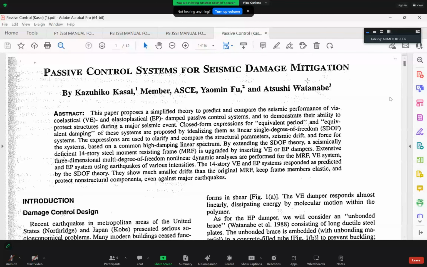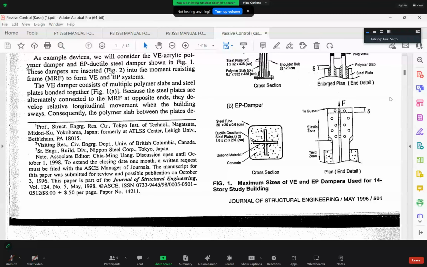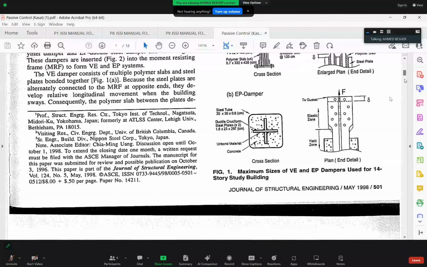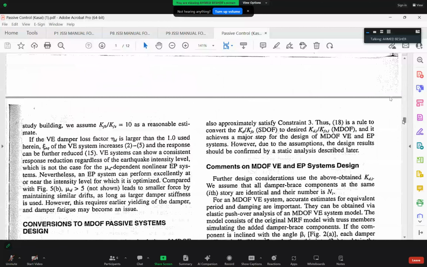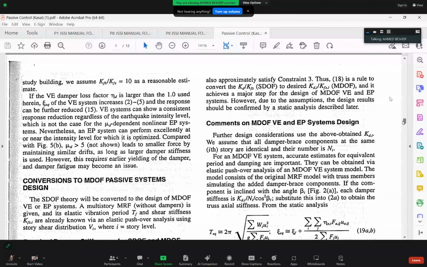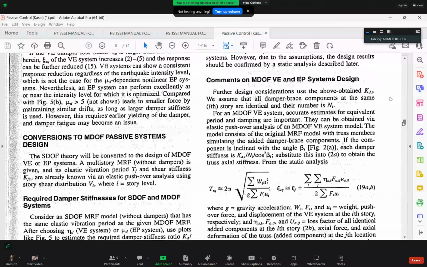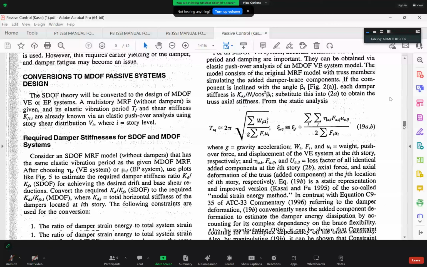I think this is a journal paper. Yes, this is a journal paper. But only 12 pages. Could you go down? No, not 2 pages, it's more. In this paper, he discussed how to develop the performance for viscoelastic and elastoplastic systems.